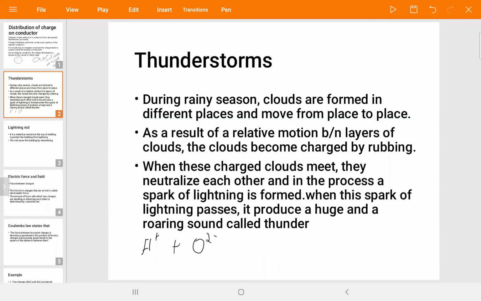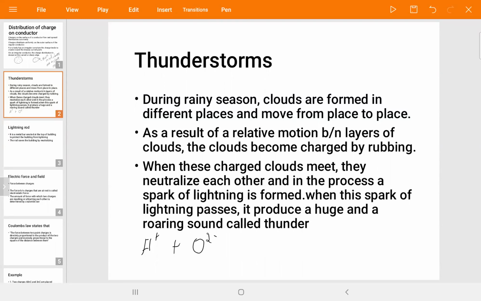And this lightning may be grounded, where the layer which is near to the earth may receive electrons from the ground, or it may lose electrons to the ground.